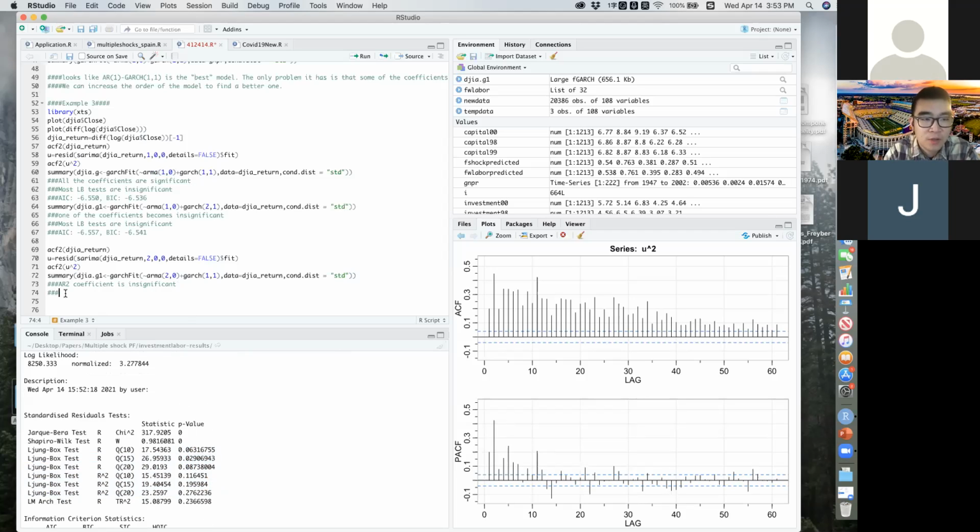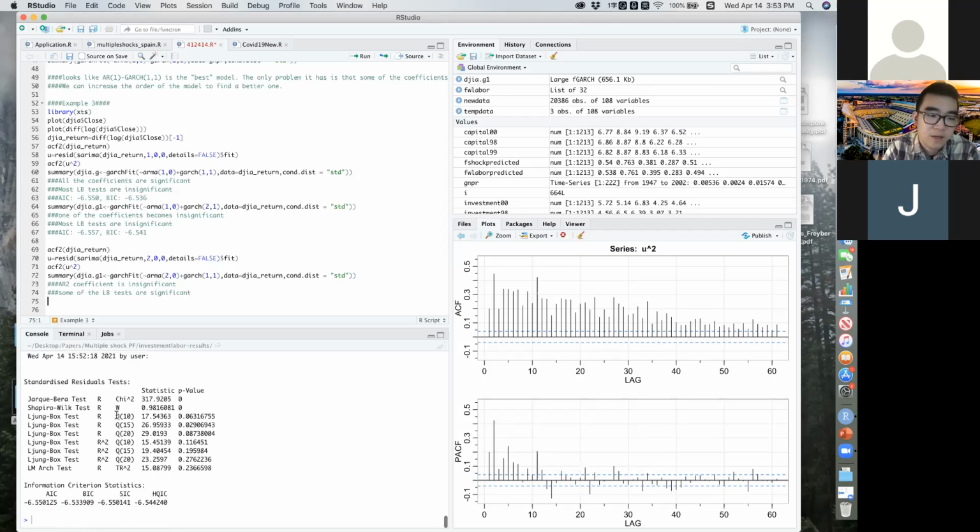So some of the LB tests are significant. And finally, what about the AIC and the BIC? The AIC looks like it's negative 6.550, BIC negative 6.534.